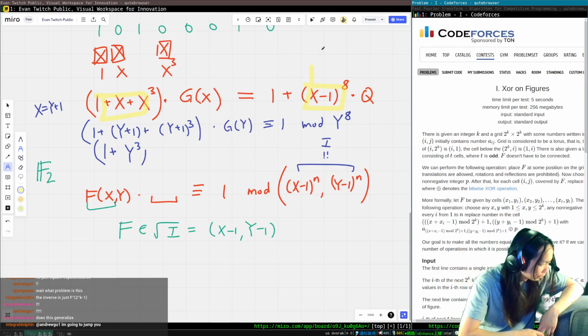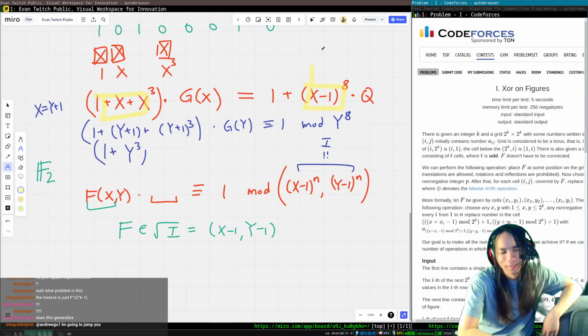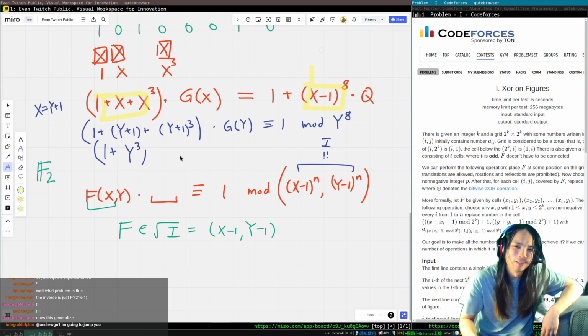The inverse is f to the 2 to the chi minus 1. Oh, well played. So, okay.